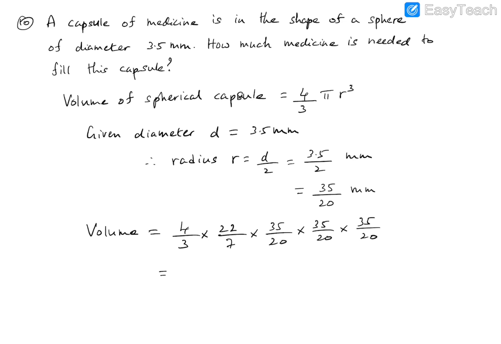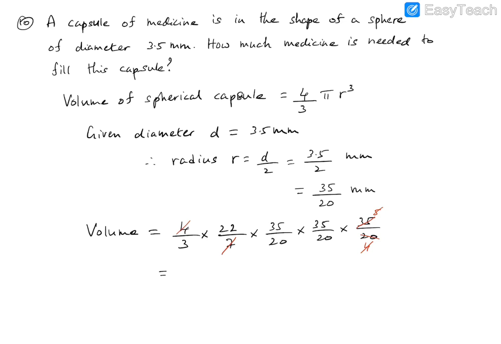So when we simplify this, first of the things that we can do is the 7 here goes into this 5 times. 7 5s is 35. The 5 here goes into one of these 20 4 times, and then we have this 4 cancelling out with this 4, so we are left with 22 into 35 into 35 divided by 20 into 20 into 3.